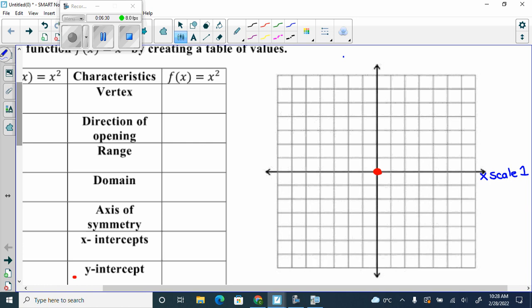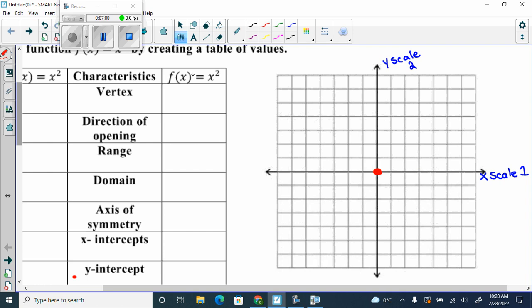But because this is 1, 2, 3, 4, 5, 6, 7 only, up, I'm going to make my y scale be 2. So if I write y scale of 2, then this is 2, 4, 6, 8, 10, 12, right? 14 now. This is still 1, 2, 3, 4, 5. So I'm not changing the x scale at all. I'm just changing the y. Do we see that?